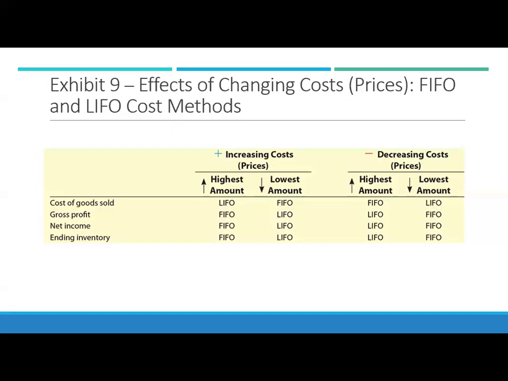And then RAM prices will go down. And then for any business that's in the business of selling those components, they're going to be in a period of decreasing costs. And under that period, then the FIFO will have higher cost of goods sold instead of LIFO. And then the ending inventory balance will be higher under LIFO.